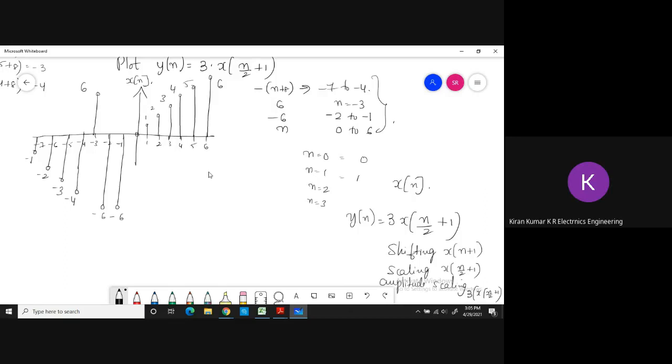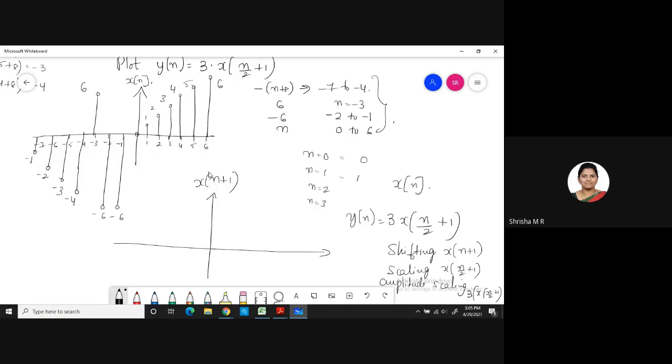It will come early, from -8 it will go to... x of n plus 1 means k is positive. If k is positive, it is left shifting. Correct? Yes, ma'am. So the signal is occurring 1 second earlier.